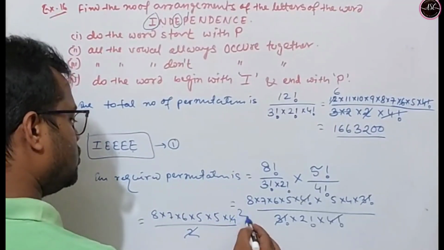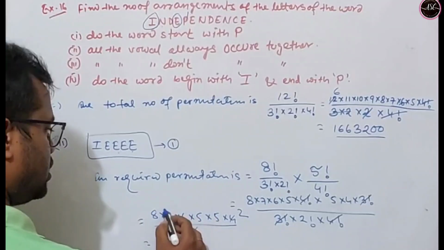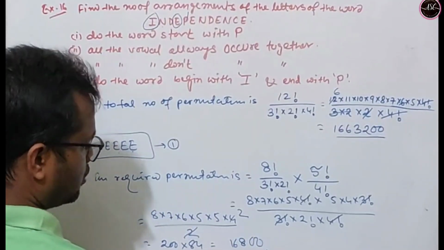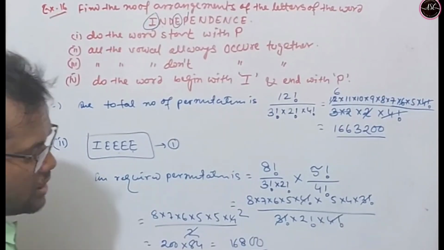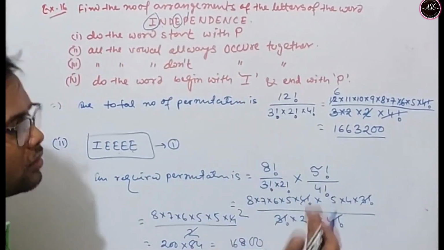Just cancel out this 2, we get 16,800. So this is the permutation number if vowels occur together.